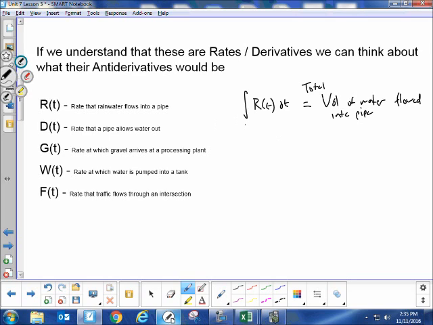Well then D, if I took the antiderivative of D, we'd see that would be the total amount of water that flowed out of the pipe. Okay, if we have G, the rate at which gravel arrives at a processing plant, well, the antiderivative of G would be the total amount of gravel that has arrived.